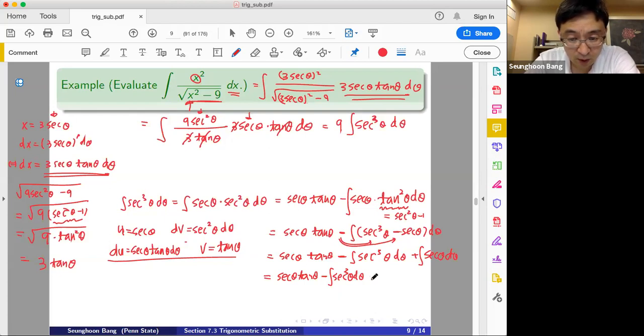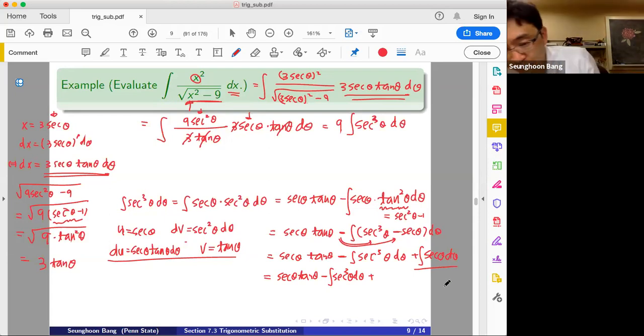So what's that? You can keep secant theta tan theta. You can keep negative integral of secant cubed theta d theta plus. Do you know what the integral of secant theta is? Do you know the formula? Could you write your answer on the chatting board? What's the integral of secant theta?